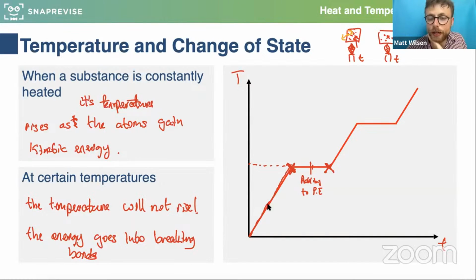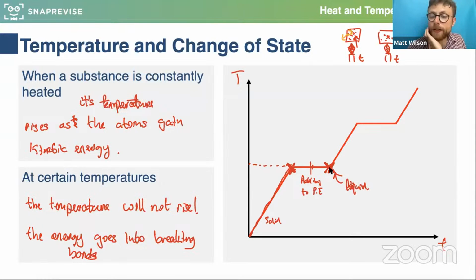Okay, so let's say we had a solid up until this point. What kind of material do you think I have here once the temperature starts to rise again? Good, absolutely right. Once we've broken all those bonds, we're no longer in any kind of a lattice, and we're now in a liquid.